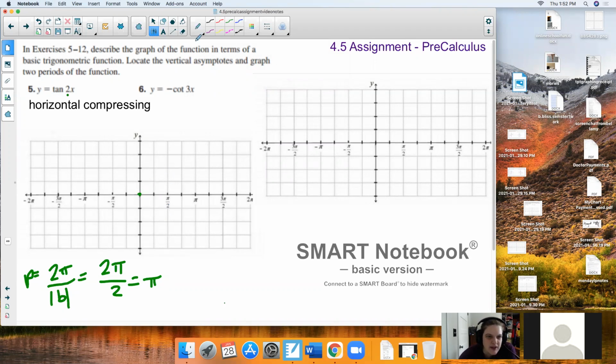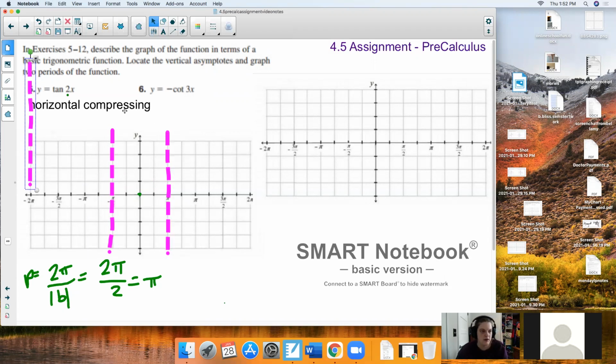So we're going to have an asymptote potentially here and here. But we want 2 of them, so we're going to have 2 of them in this area.